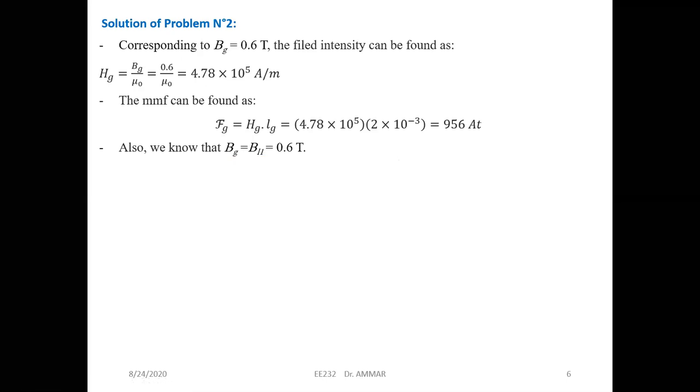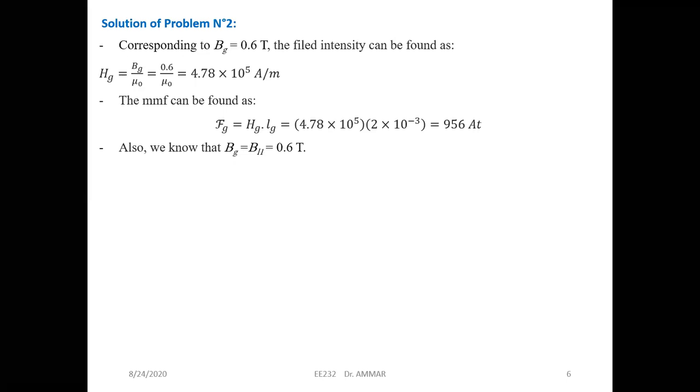No, the leakage flux is another issue. I will explain. Because we have a change in the cross section, the difference in cross sections will cause a difference in flux densities.